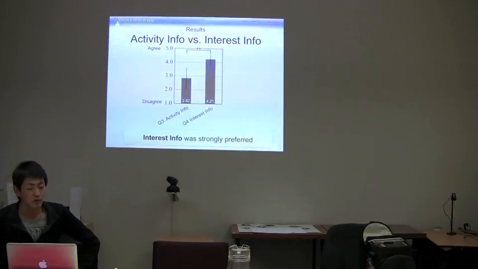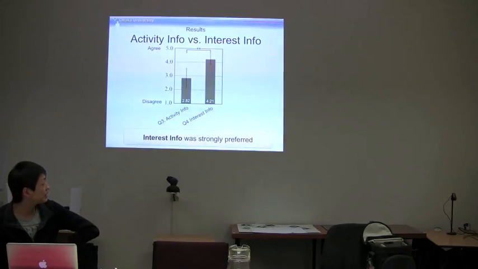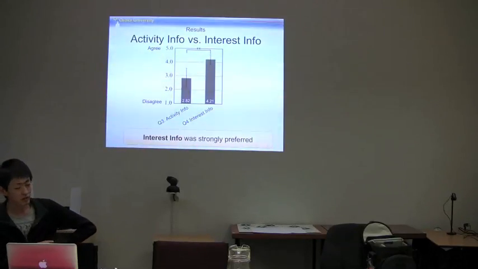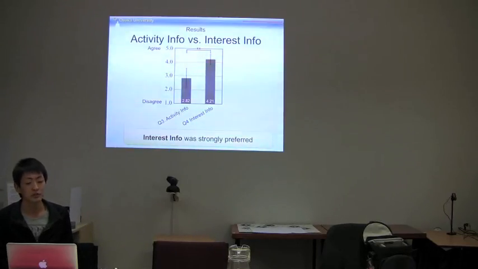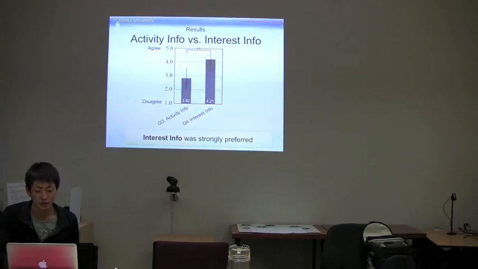This is a comparison of two types of information. The result shows that interest info was strongly preferred by participants to activity info.